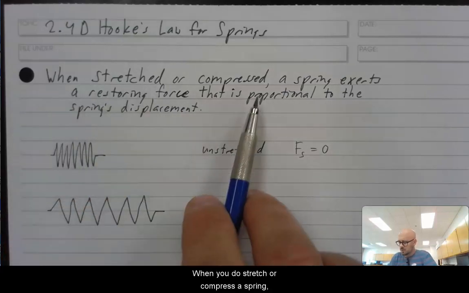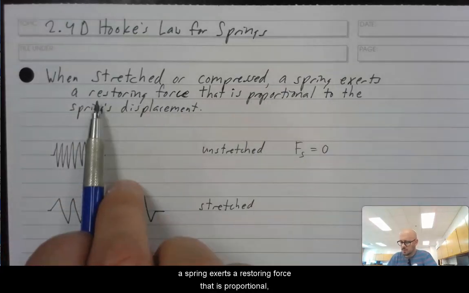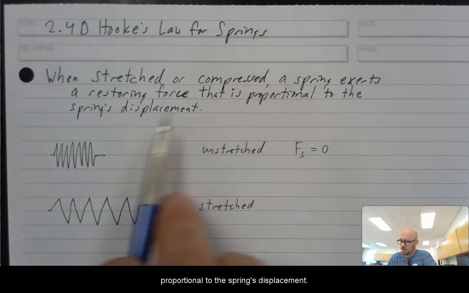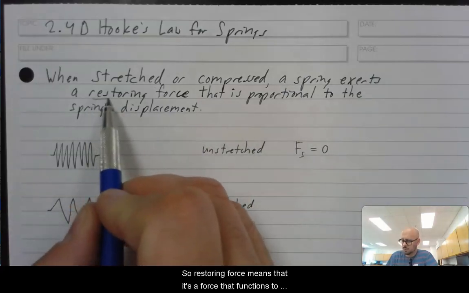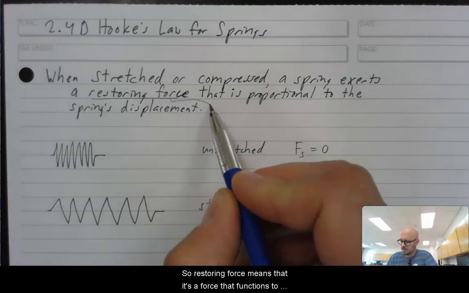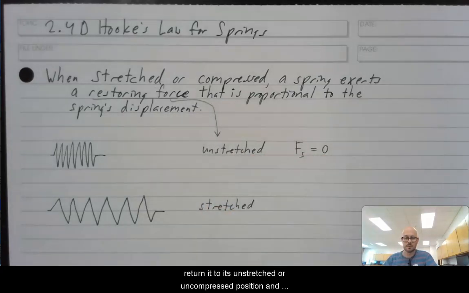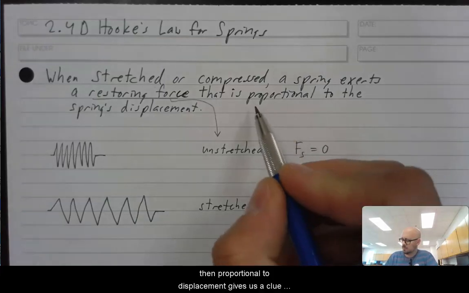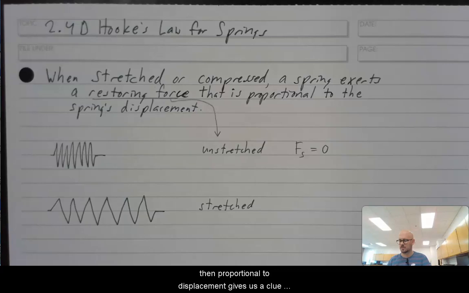When you do stretch or compress a spring, it exerts a restoring force that is proportional to the spring's displacement. So restoring force means that it's a force that functions to return it to its unstretched or uncompressed position. And then proportional to displacement gives us a clue as to the equation.